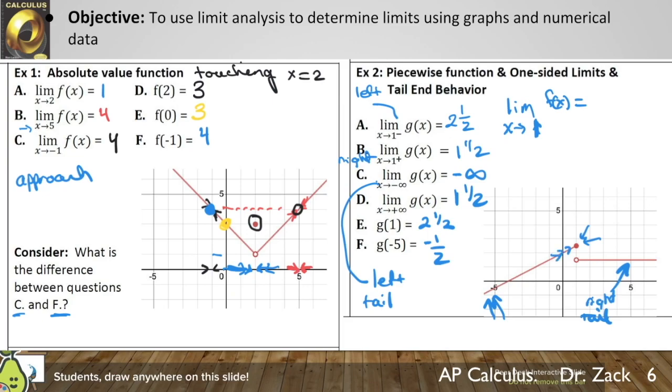And if that happens, do you see how they go to two different answers? The left side doesn't equal the right side. So if your left doesn't equal the right, there's actually no limit. The limit does not exist as x approaches 1. And that's a big deal. So let's take that idea and move forward to our next example.